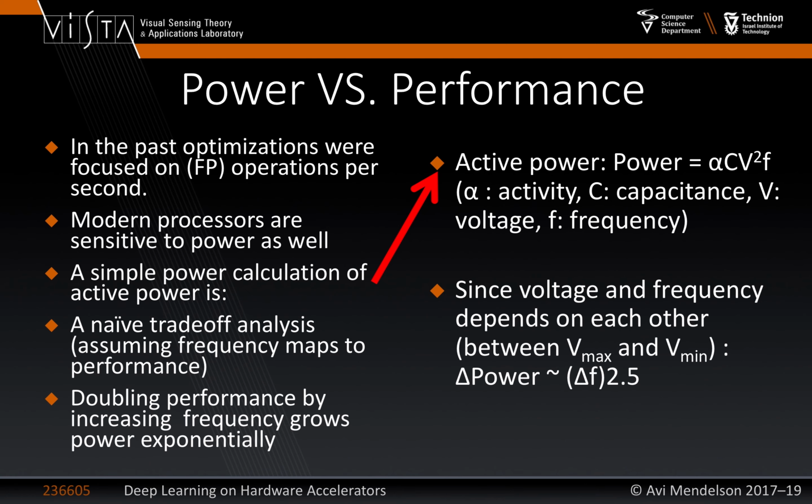On the other hand, if I will just take 2 cores, I will increase it only by 2. So if power is important, usually the idea of increasing frequency is not a good idea. It costs you too much power. Now this is very important because many times we have the trade-off to get the same performance, for example, to improve your algorithm instead of increasing the frequency. We need to be aware of this factor.